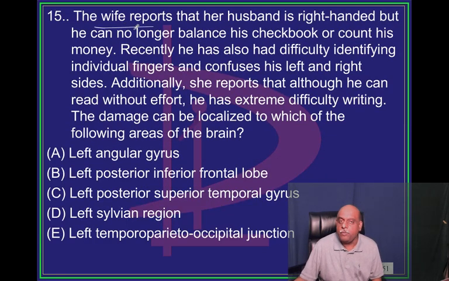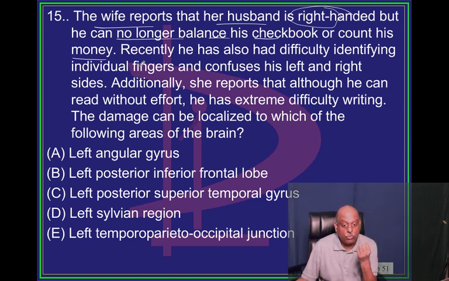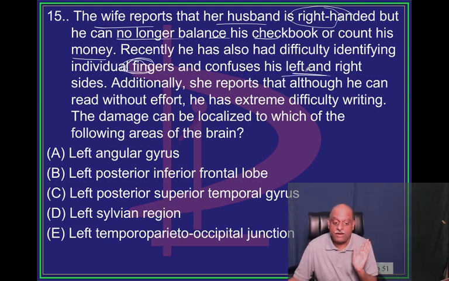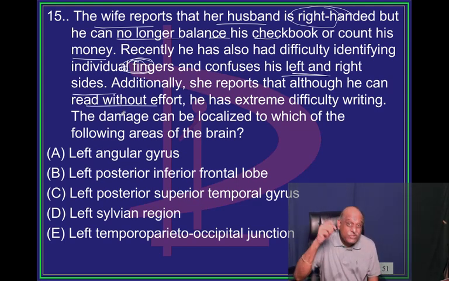The wife reports that her husband is right-handed. But he can no longer balance his checkbook or count his money. He has difficulty counting the individual fingers. He confuses left and right sides. Although he can read without effort, he has extreme difficulty with writing.